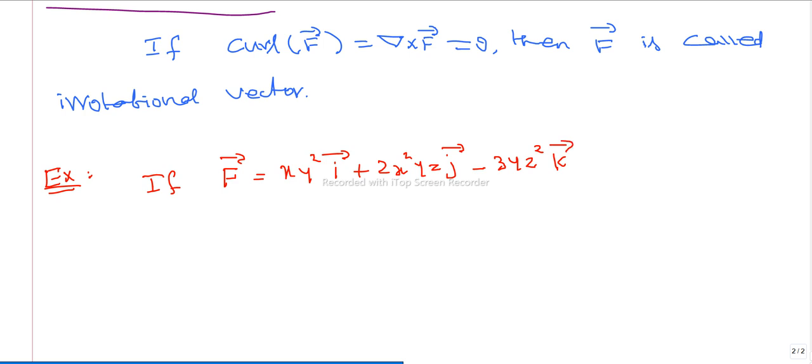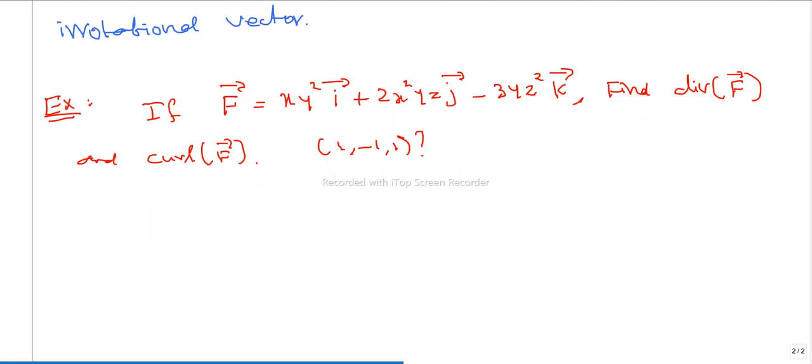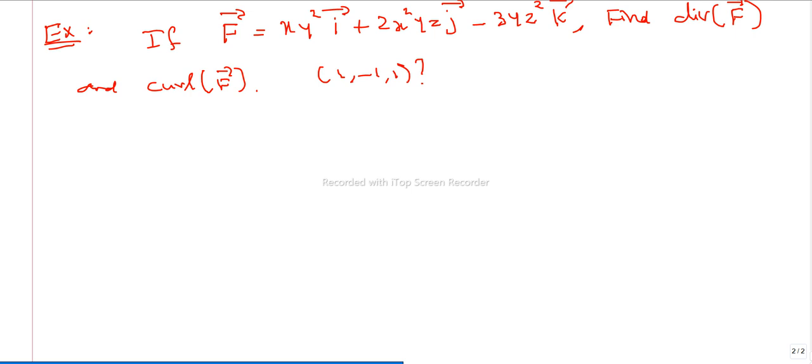Now find the divergence of f and curl of f, and what are their values at the point (1, -1, 1)?